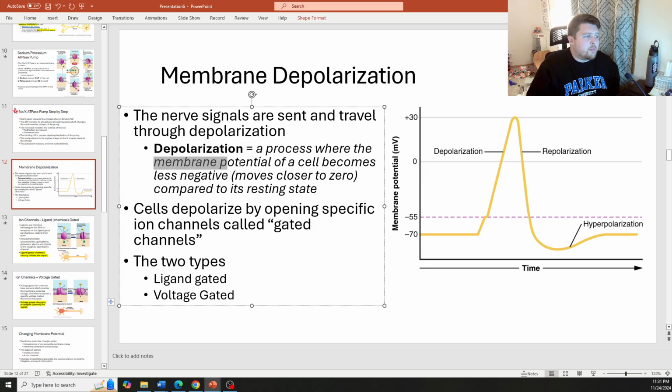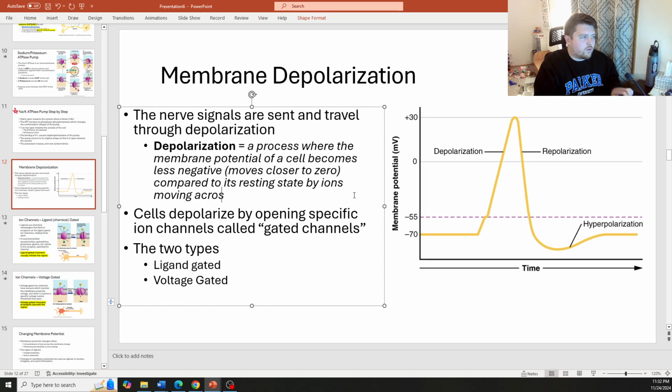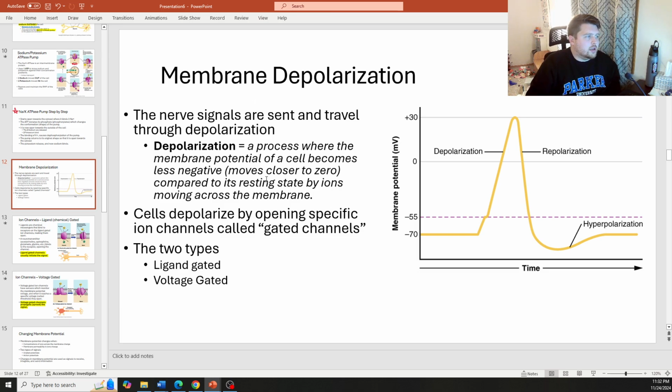This is where the membrane potential of a cell becomes less negative compared to its resting state by ions moving across the membrane. So ions are going to move either in or out, and in this case specifically, ions move in order to make it more positive to begin the process of sending the message.